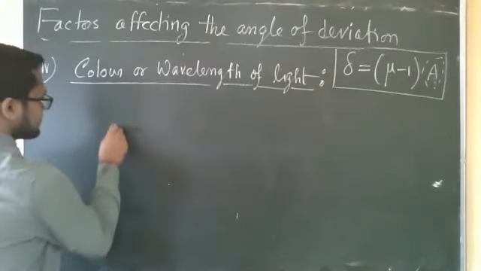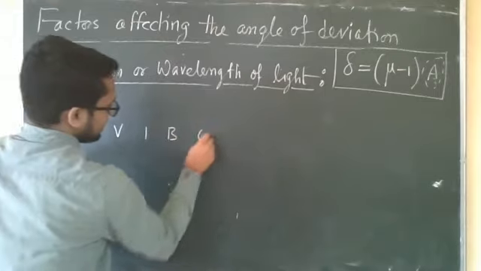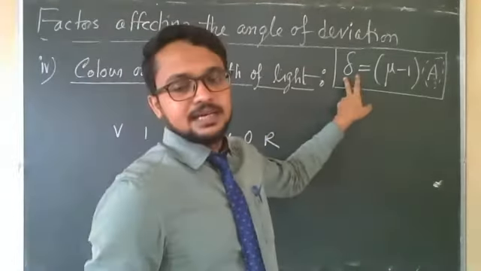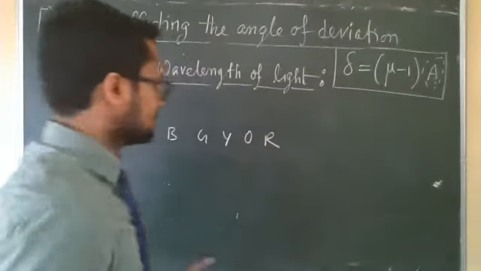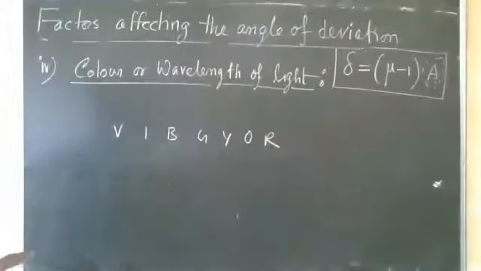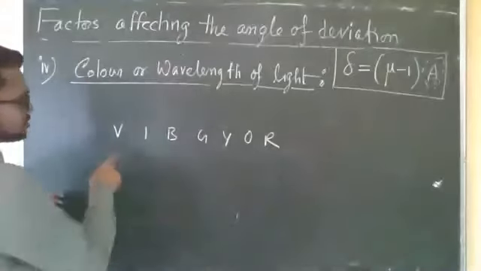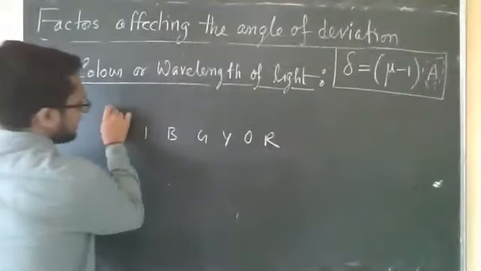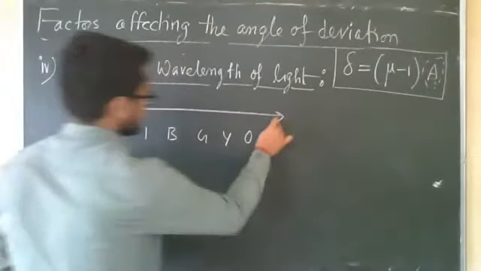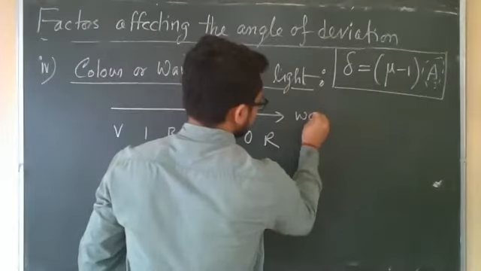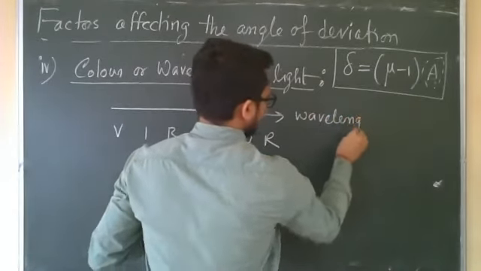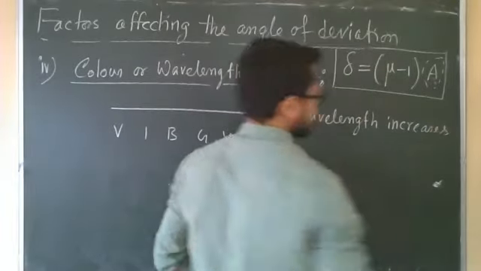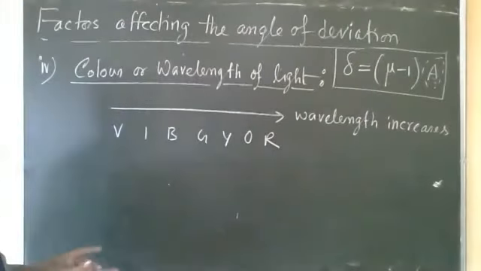Suppose VIBGYOR. In the second point, we have seen delta will increase with the increase of refractive index, if we keep A constant and I constant. Here we know wavelength increases in this direction. Wavelength increases means it will bend less.